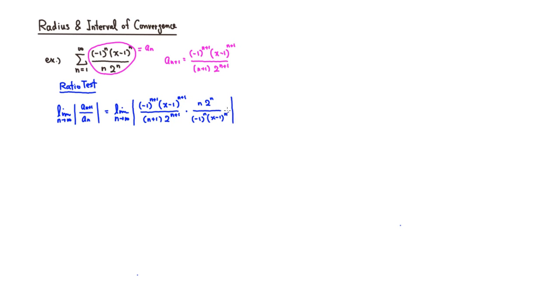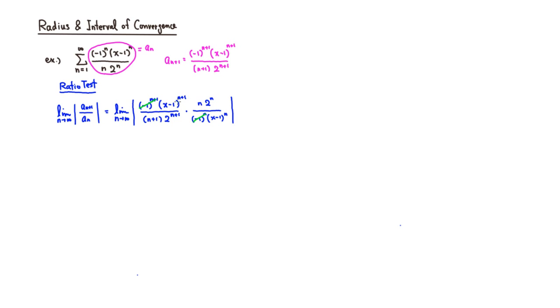Let's simplify. First, since we are taking the absolute value, we can get rid of negative 1 to the n plus 1 and negative 1 to the n, because the only thing they do is change sign. Then we can cancel.